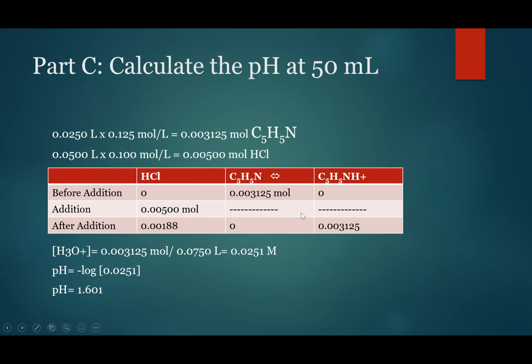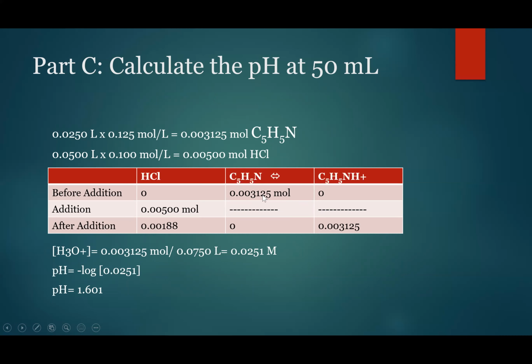We create our famous mole table and see that with the addition of the hydrochloric acid, there's more hydrochloric acid than there is moles of pyridine, which means that pyridine becomes the substance that we have the least of.